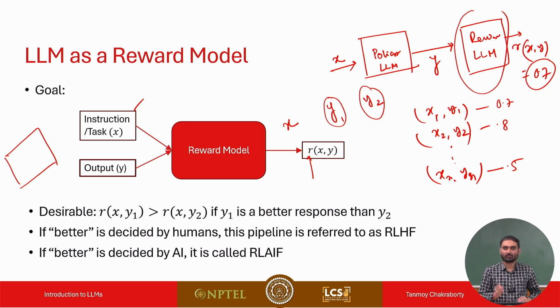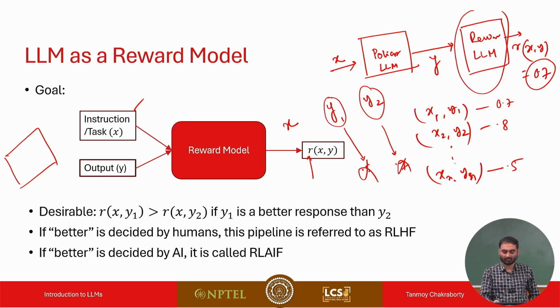Now, if you ask a human being to rate which one is better, Y1 or Y2, it is easy for the human being to say that Y1 is better than Y2 or Y2 is better than Y1, rather than saying that the quality of Y1 is 0.5 and the quality of Y2 is 0.7, right?